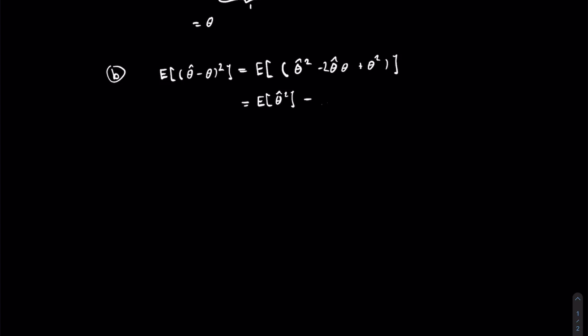We don't have to write this down several times: theta is a known constant, so we can pull it out. So it'll be minus 2 theta times the expectation of theta hat, that's where all the variability is. And then the last term is also constant, so the expectation disappears. The expectation of a constant is just this constant itself. Okay, like so.